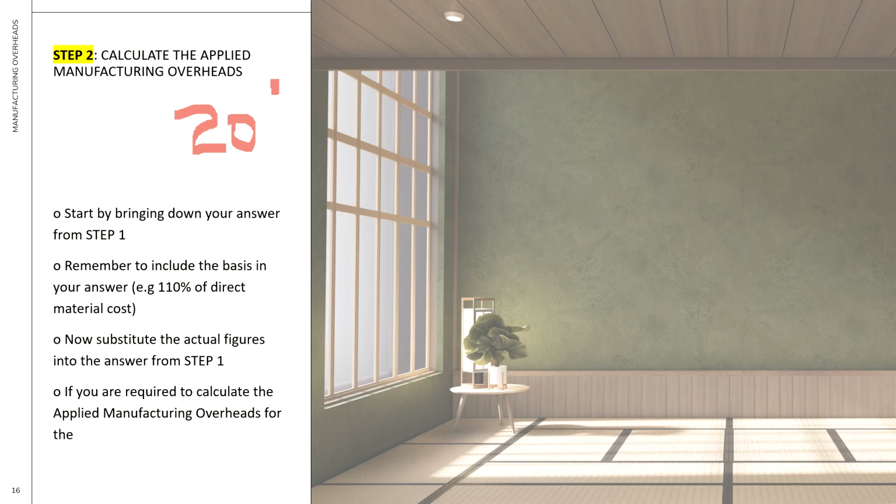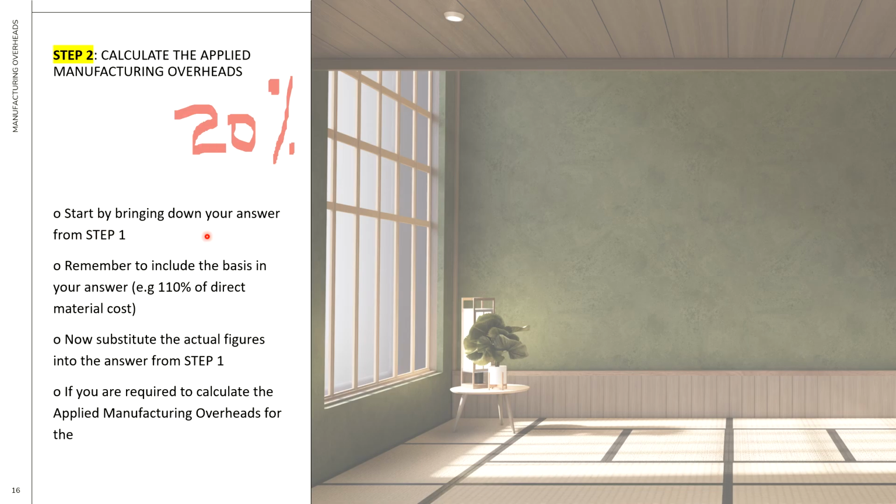That's your predetermined overhead rate. Now, since you've got your predetermined rate, you need to calculate your applied overhead. So step two, calculate the applied manufacturing overhead, because you do have the rate now, and also they told you which basis you must use.